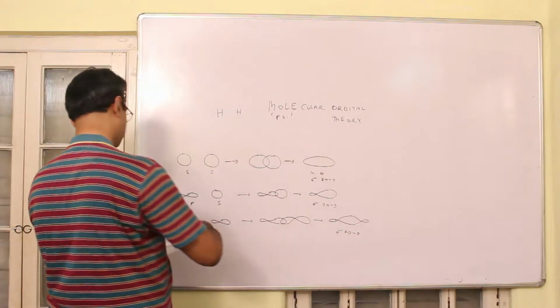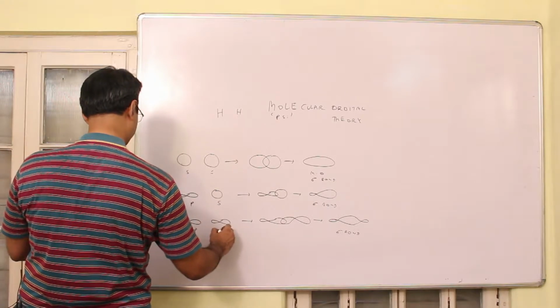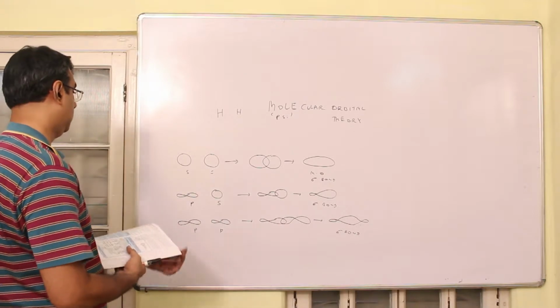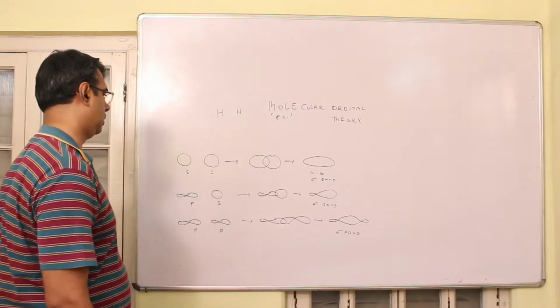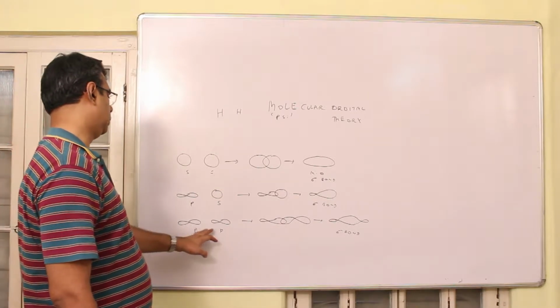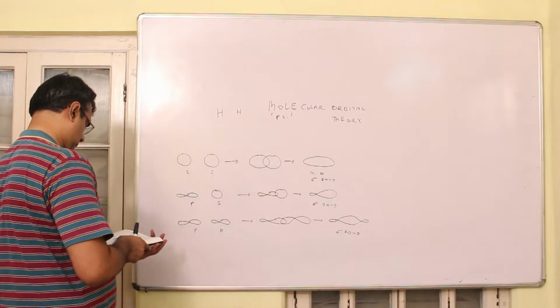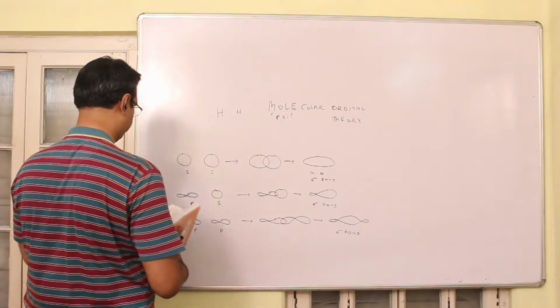So whenever two s orbitals are about to overlap, the overlap can be represented like this. It is called a sigma bond. When an s and a p are about to overlap, we get a sigma bond of another kind. And when two p orbitals overlap, then also we get a sigma bond. So these are the different ways in which you can get a sigma bond.